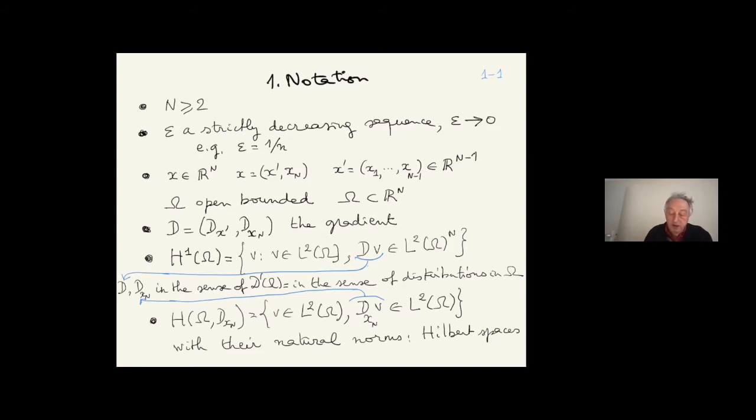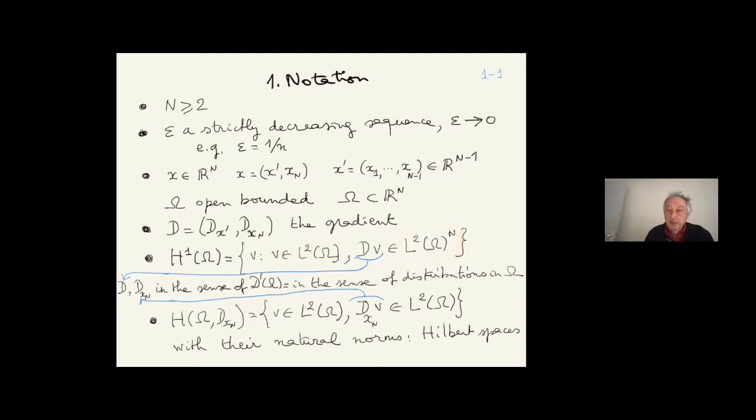This will be the set of all functions v, which are functions in L2 of omega, actually those are classes of functions, but I will speak about functions, such that the derivative of v in the sense of distributions in omega is in L2 of omega to the power n.